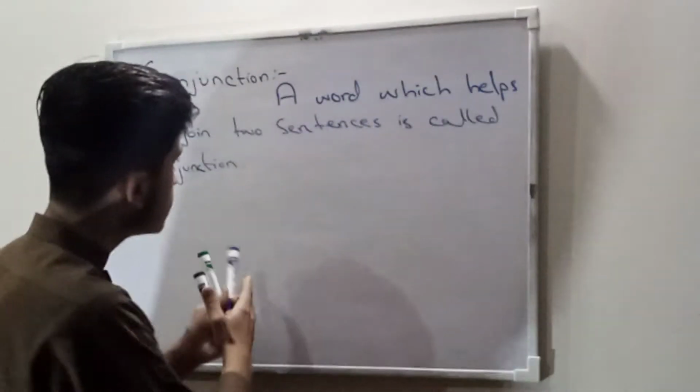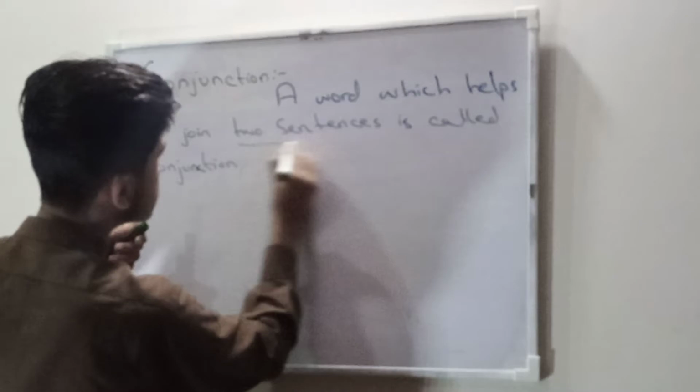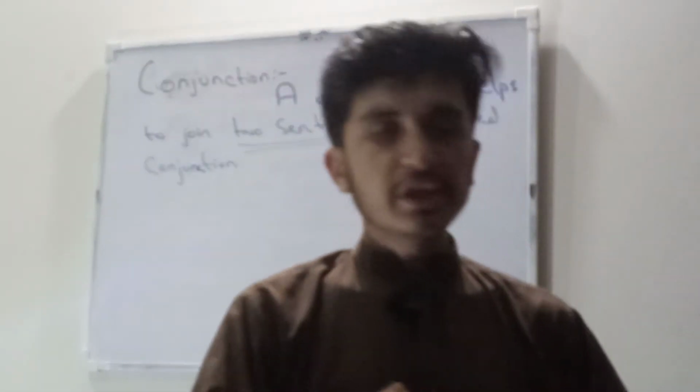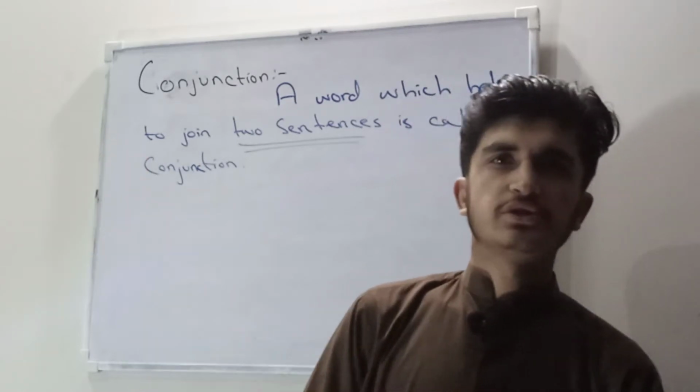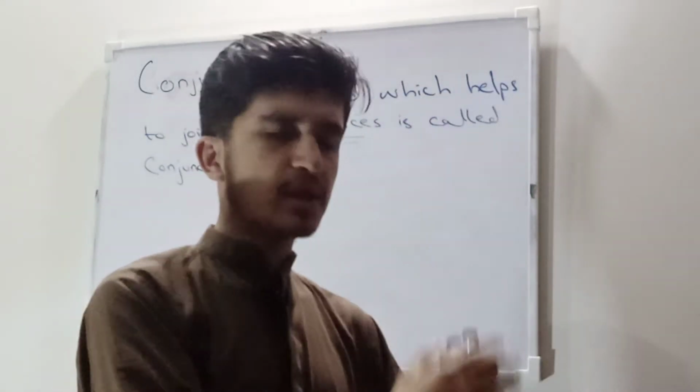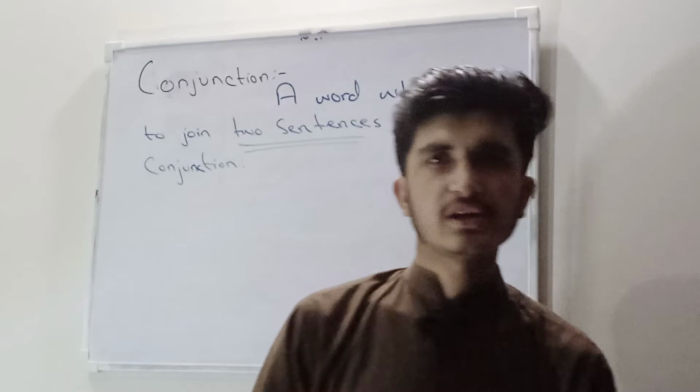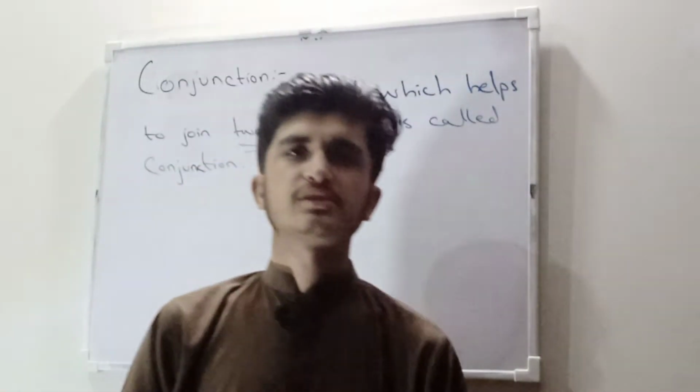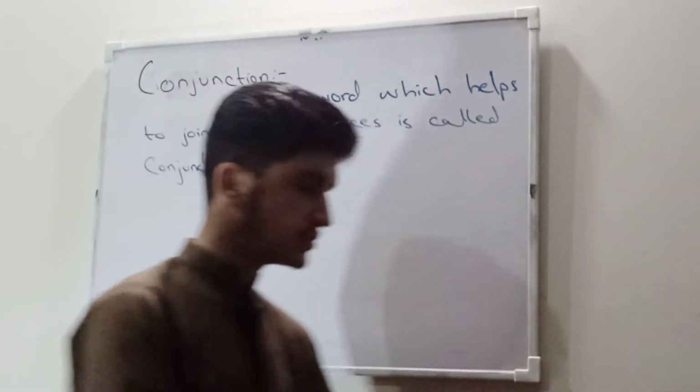A word which helps to join two sentences is called conjunction. It means the part of speech which helps to join one sentence with another sentence is known as conjunction.